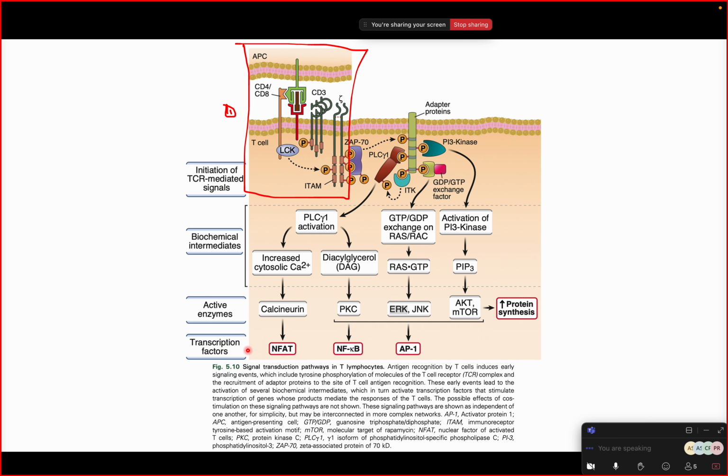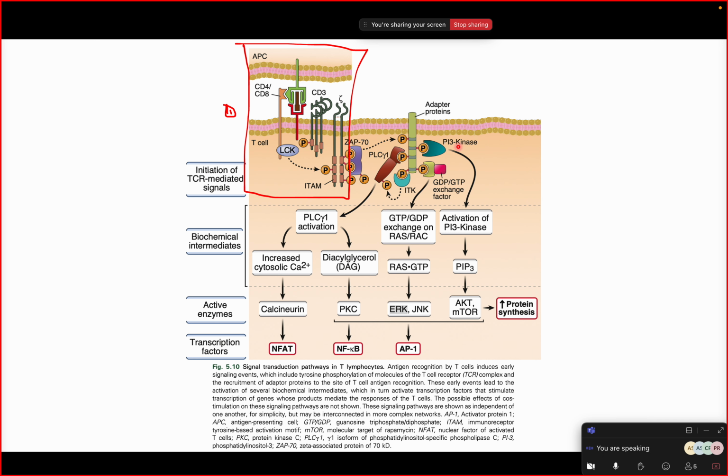Because it's a transcription factor, what do transcription factors do? They go inside the nucleus, bind to the designated complementary place on the DNA, and lead to transcription. Similarly, DAG will activate the PKC pathway. The transcription factor for PKC is NF kappa B.